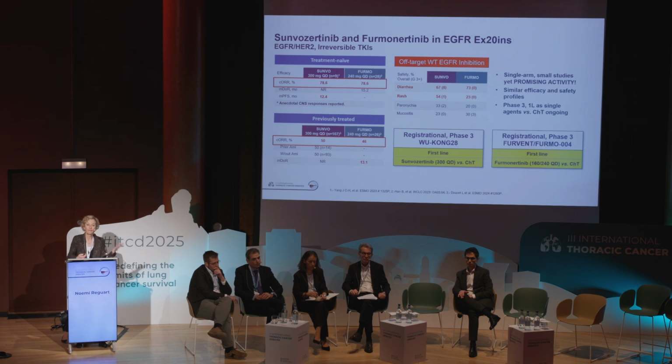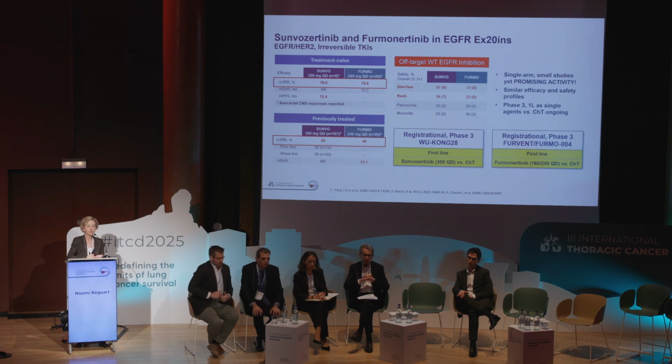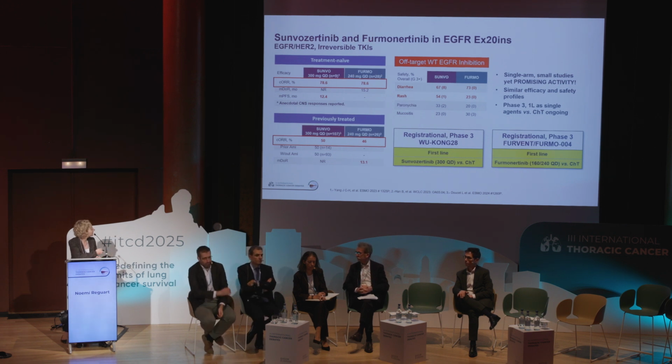And then we have other tyrosine kinase inhibitors. I have put these two on the same slide because they have quite similar safety and activity. These are sunvozertinib and furmonertinib, EGFR and HER2 inhibitors. You can see how these more specific and selective exon 20 insertion inhibitors have really nice activity in treatment-naive patients, around 80% overall response rate, but also in previously treated patients, around 50%.